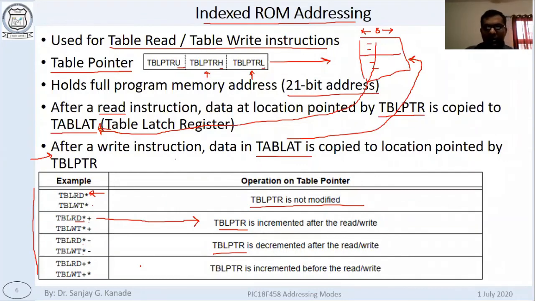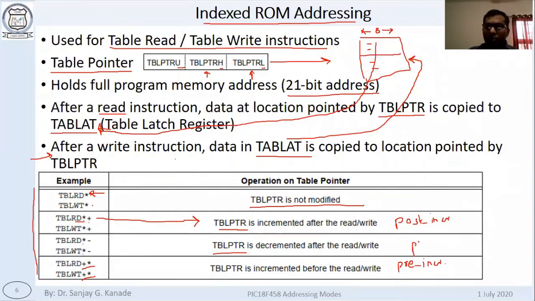Are you getting this? Here, note down the sequence. It is +*, which means the pointer will be incremented and then the read or write operation will be performed. This is called pre-increment. This is called post-increment.